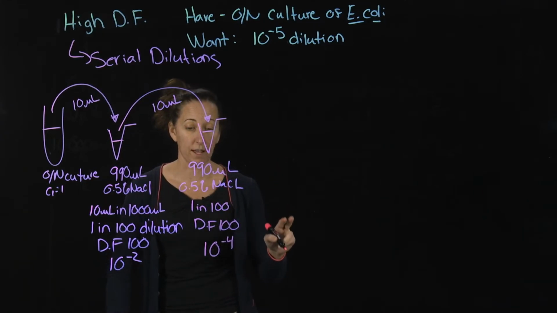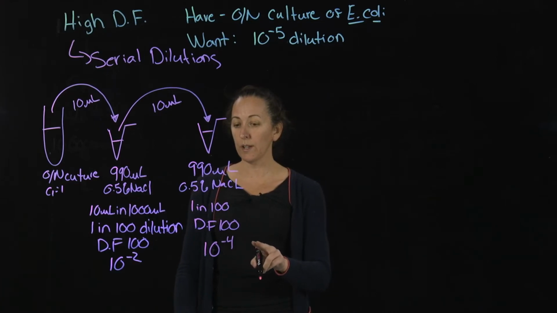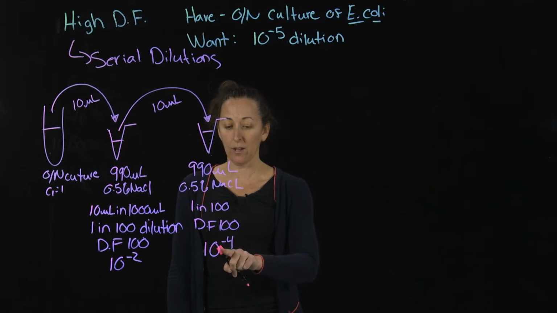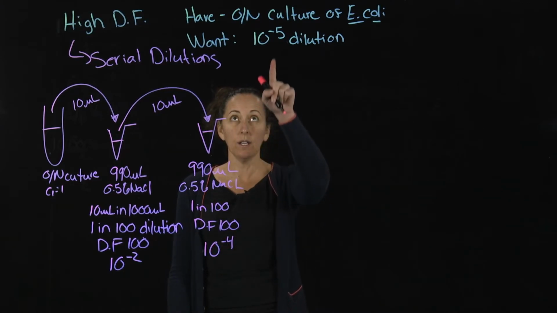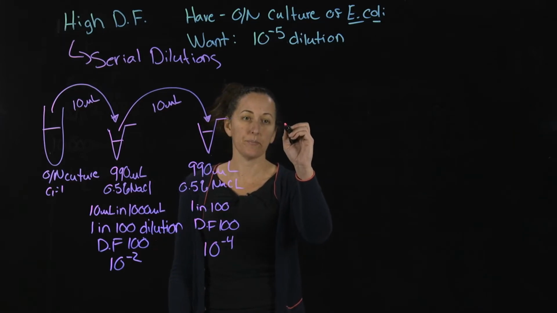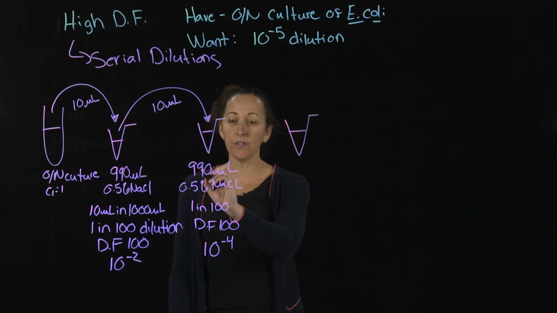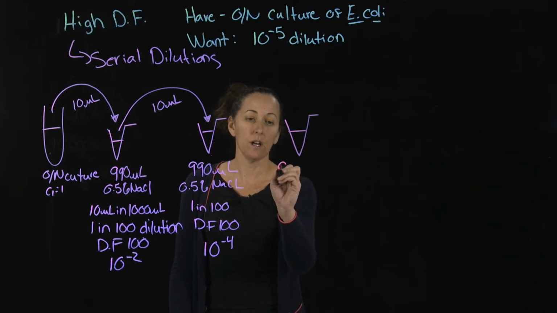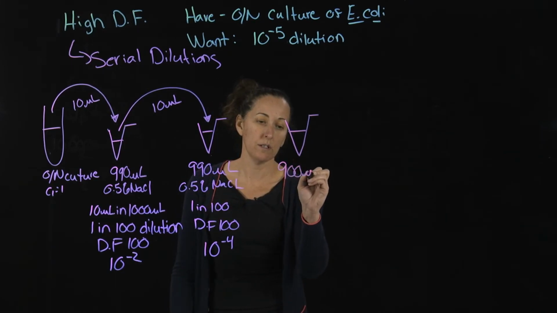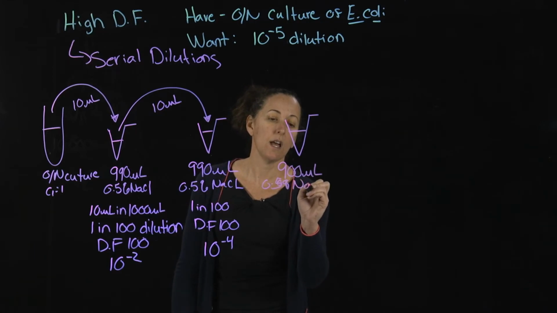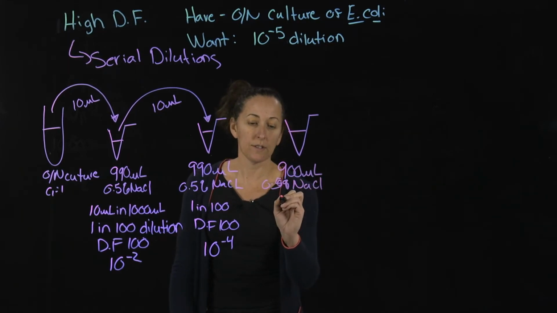So we're almost there. We need to do one more dilution, but we don't want to dilute by 100 this time. This time we only want to do a dilution of 10. We need to get from 10 to the negative 4 to 10 to the negative 5. It's the same idea. We have a tube. Instead of 990 microliters, I have 900 microliters of 0.5% NaCl.